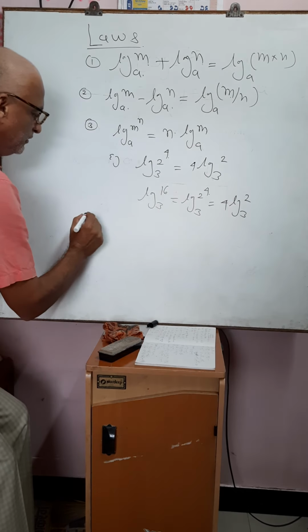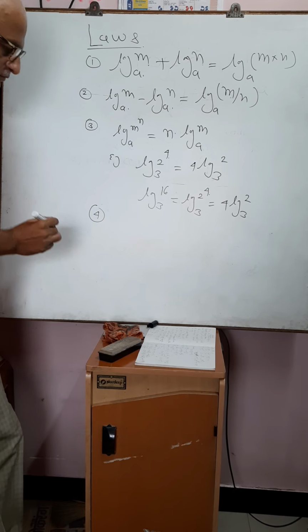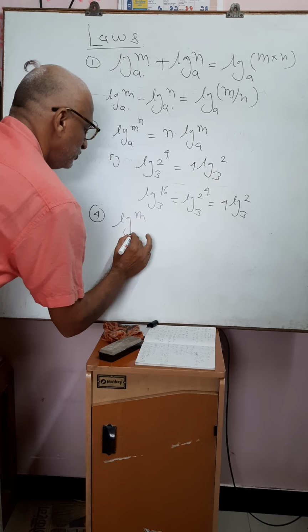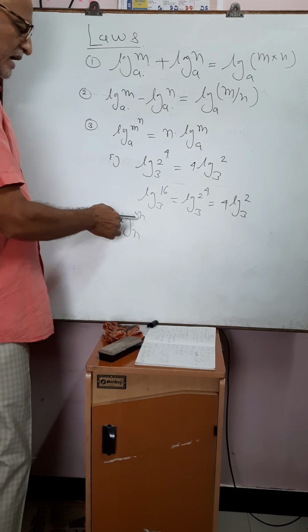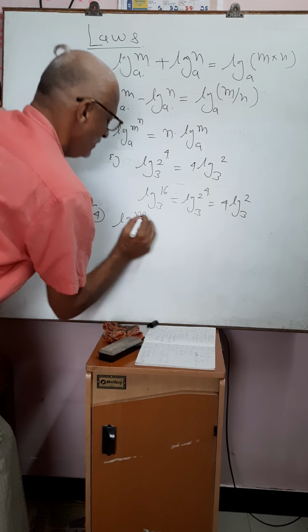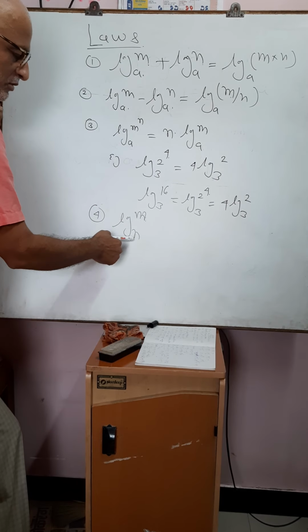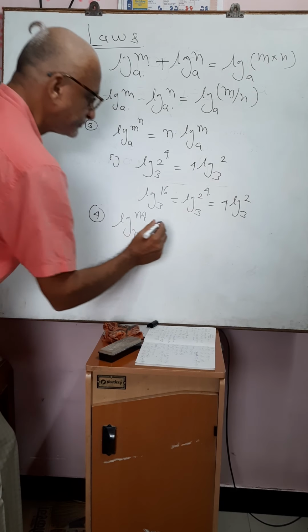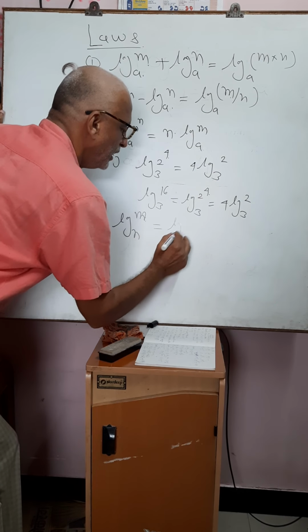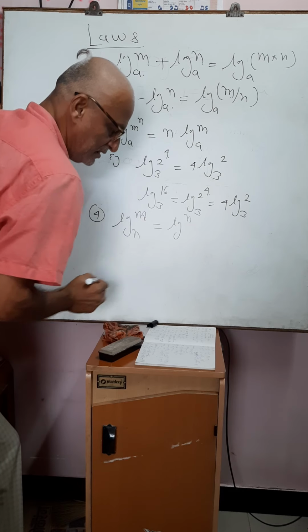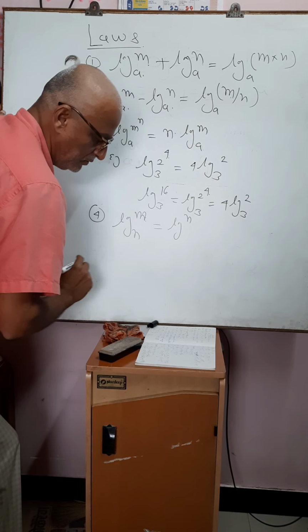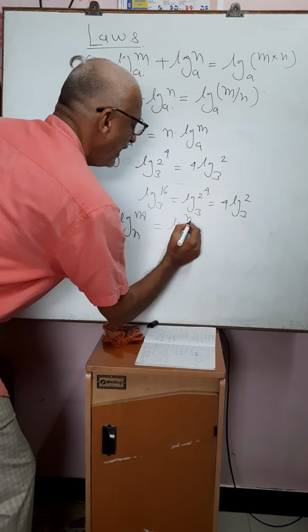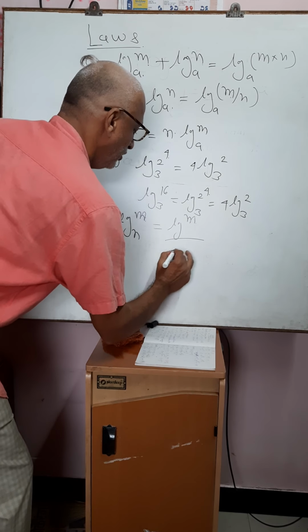Now the fourth one, log of m to the base n, log of m to the base n, this can be written as just log of m divided by log of n.